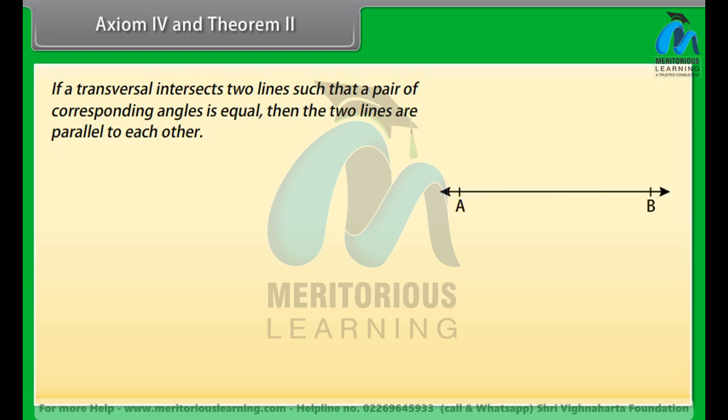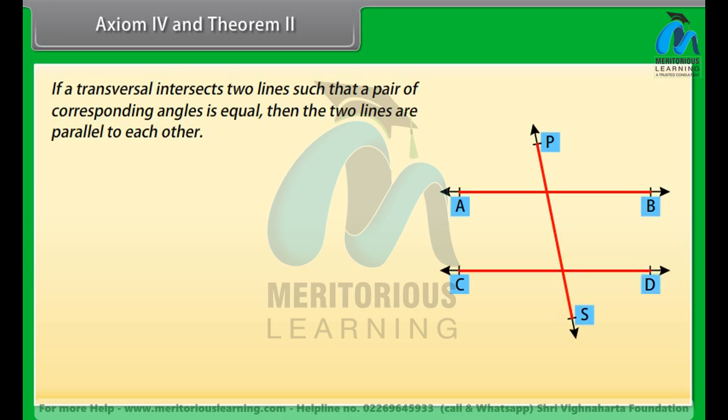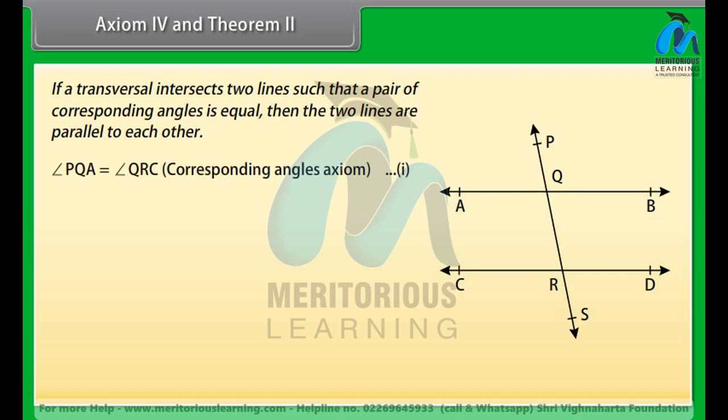Now we will use corresponding angles axiom to find out the relation between the alternate interior angles when a transversal intersects two parallel lines. Here transversal PS intersects parallel lines AB and CD at points Q and R respectively. We know that angle PQA is equal to angle QRC by using corresponding angles axiom.